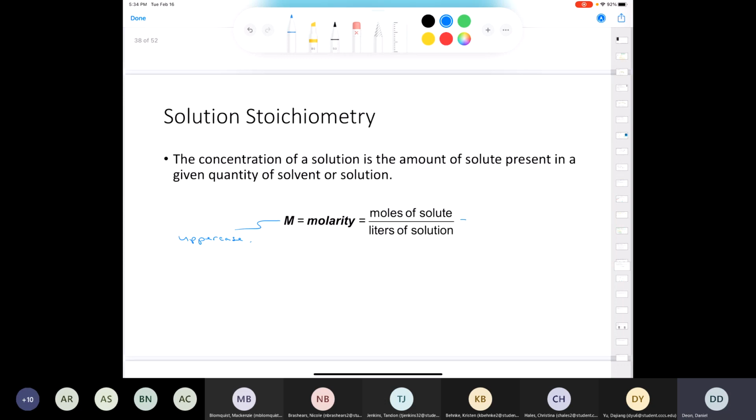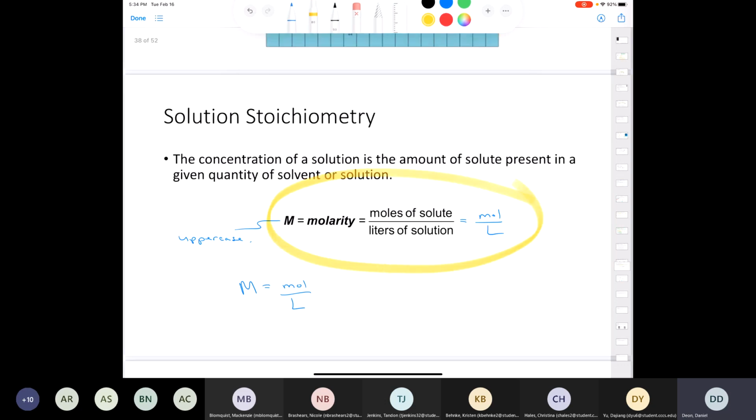So it's just the number of moles divided by liters. You're going to see me use that conversion a lot. The molarity is equal to moles per liter. That's something you've got to be 100% aware of. You need to have this in your head moving forward.